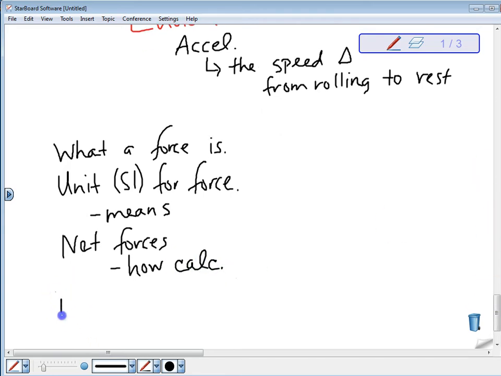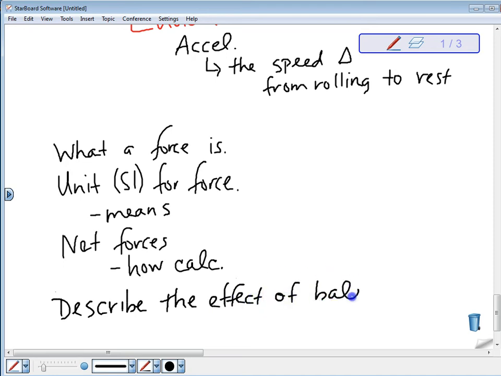You should be able to describe the effect of balanced and unbalanced forces on an object.